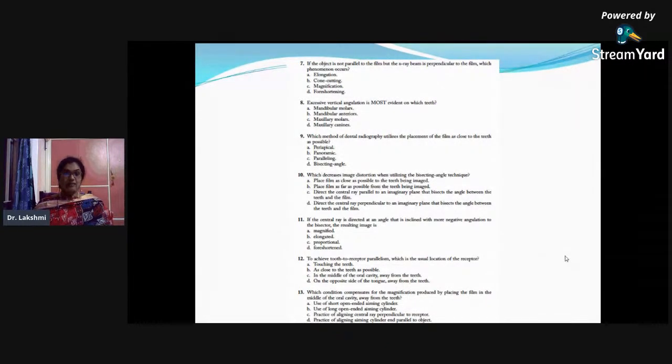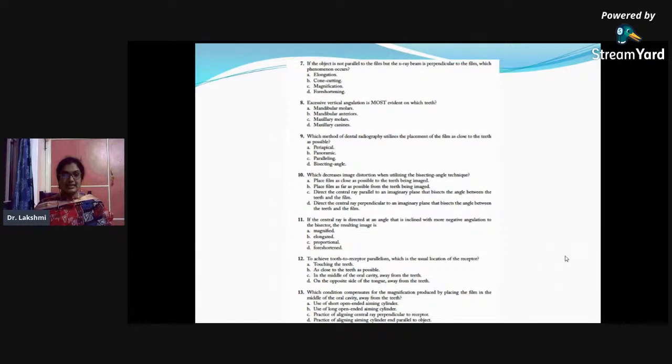Ninth, which method of dental radiography utilizes the placement of the film as close to the teeth as possible? Option is D, which is the bisecting angle technique. So tenth question, which decreases image distortion when utilizing the bisecting angle technique?